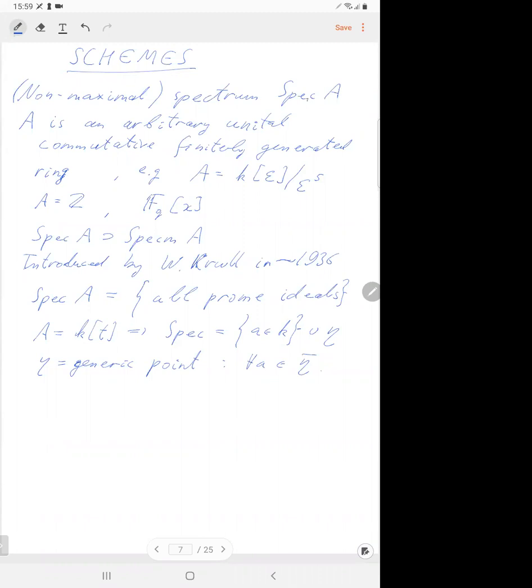So the Zariski topology stays the same, intact.